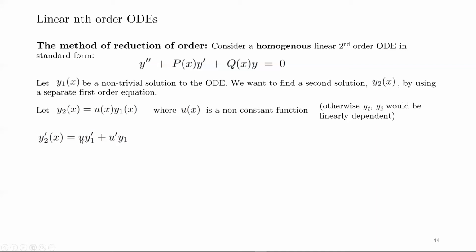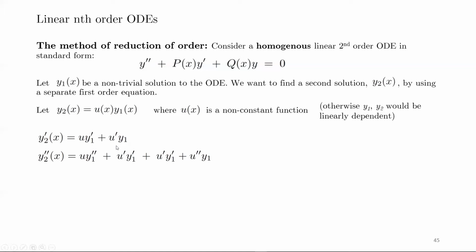I'm going to get something like u times the second derivative of y1 plus u prime times y1 prime, that's from two terms from this first part here, plus u prime y1 prime plus u double prime y1. So the second derivative of y2 is given by this equation, and that's found by applying the product rule twice to the 2 terms in y2 prime.